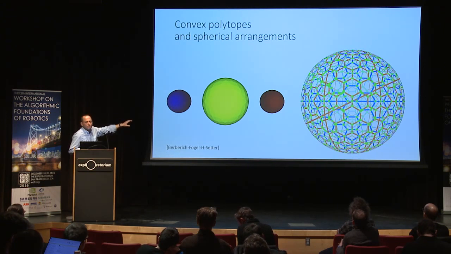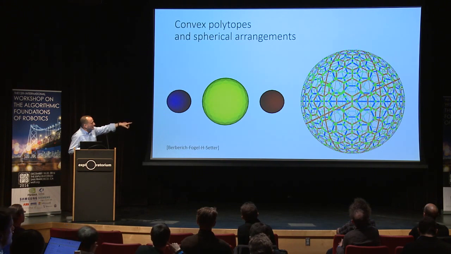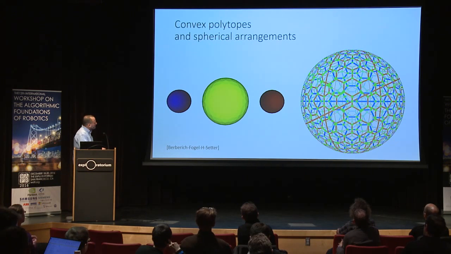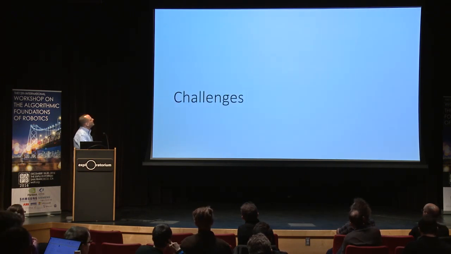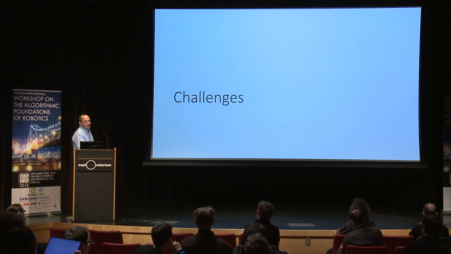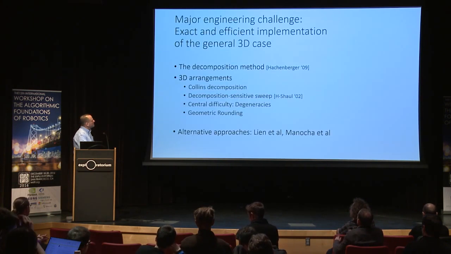If you have tried to write code on a sphere, you may appreciate that it's not so trivial. So here you see an enlargement of the Gaussian map of the overlay of the Gaussian maps of the two polytopes.